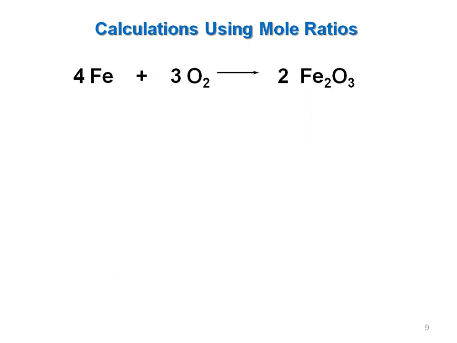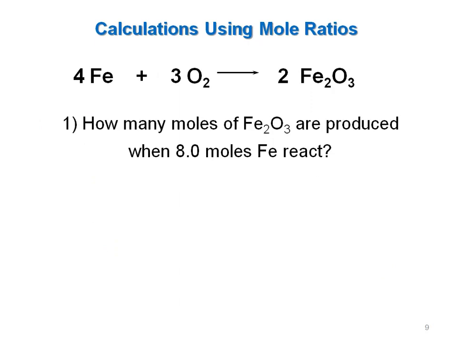To use the mole ratios in a calculation, this would be a sample question. How many moles of the iron oxide are produced when 8 moles of the iron react? So to do this, we have the 8 moles of iron.